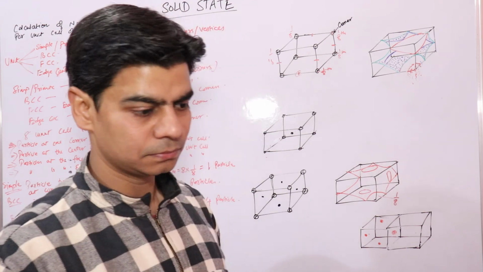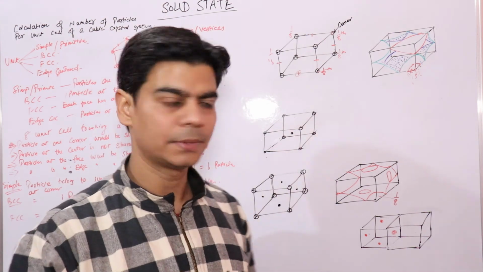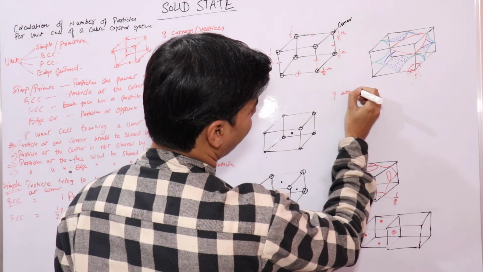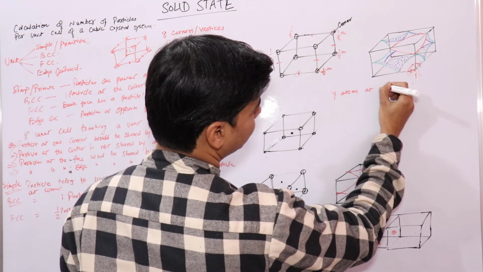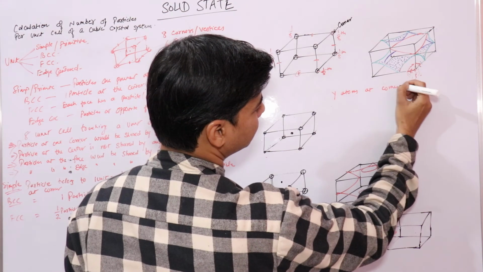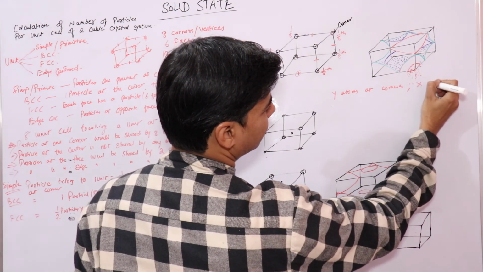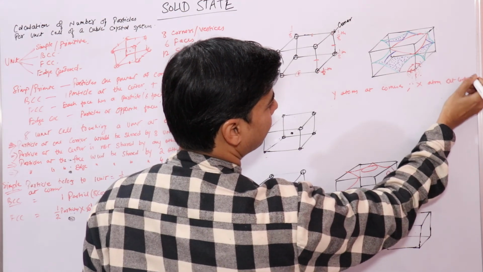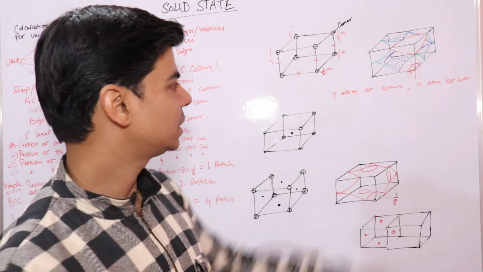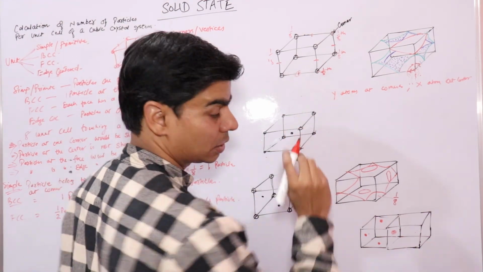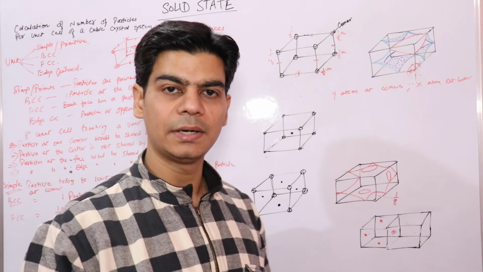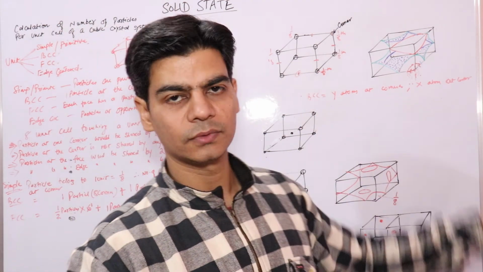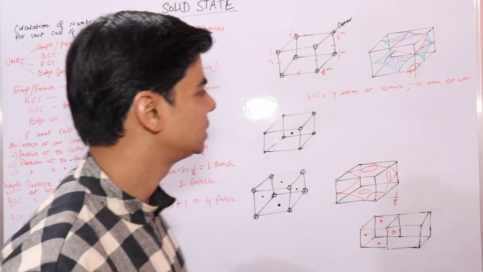If I have a solid that consists of Y atoms at corners and X atom at center, this is a solid that crystallizes in body centered cubic structure, BCC. So what would be the formula of the compound? This kind of question may be asked in the exam.